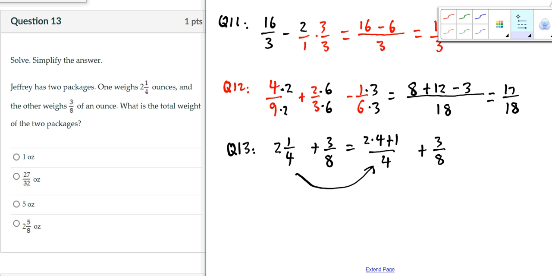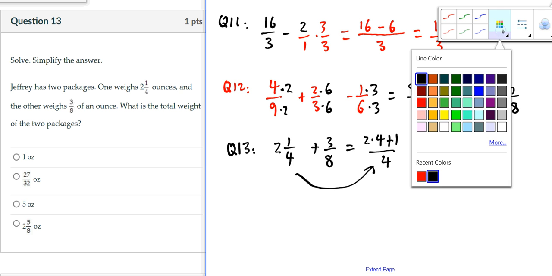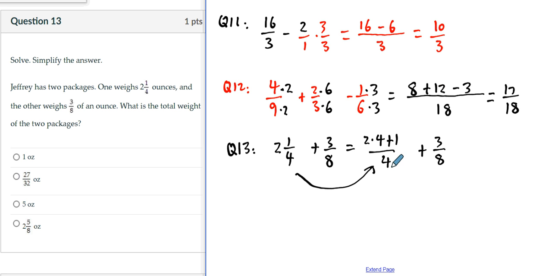We can do something more right here. You see, the denominator is 4, here it is 8. Changing 4 to 8, you need 2. So upstairs, downstairs, you need 2. Now the denominators will be 8.